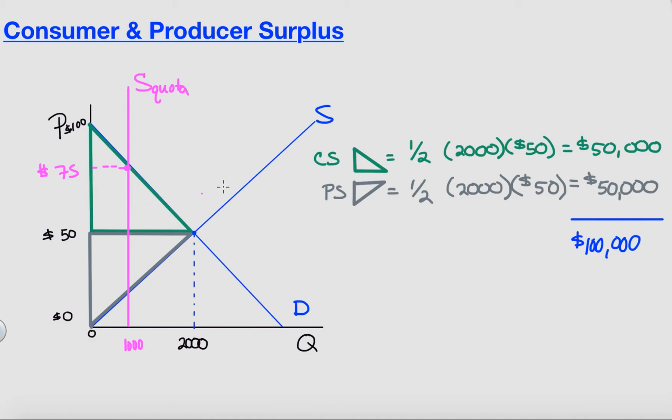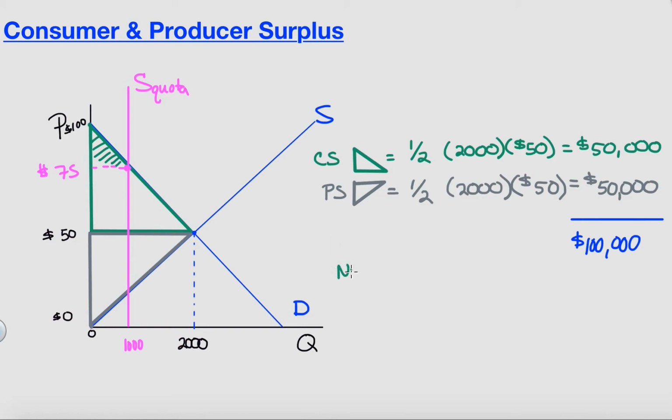So now let's see, where is our consumer surplus? So as before, consumer surplus is the little green triangle. Well, it was the big green triangle. Now it's the little green triangle. This little area up here is all that remains of consumer surplus.